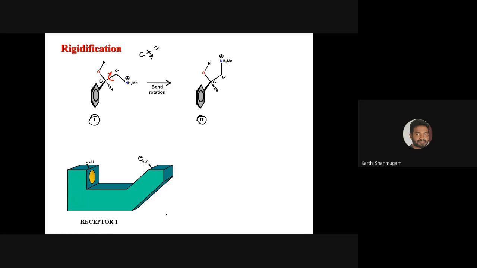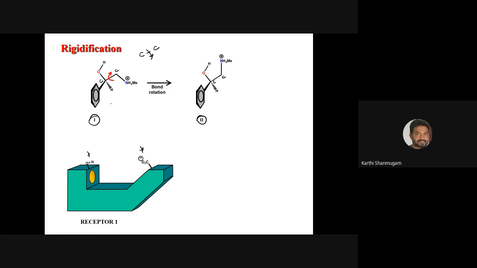So we have a receptor here. The receptor architecture is like this. The receptor binding site has some binding region here. This yellow color region is the binding region present in the binding site, and this OH group and this COO minus are some other binding groups present in the receptor.